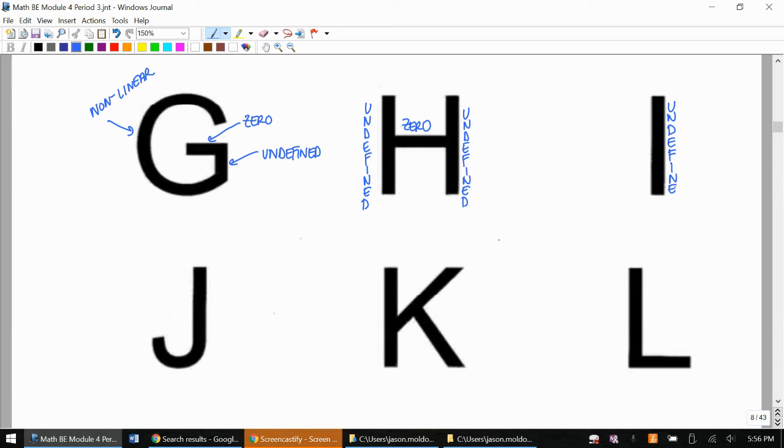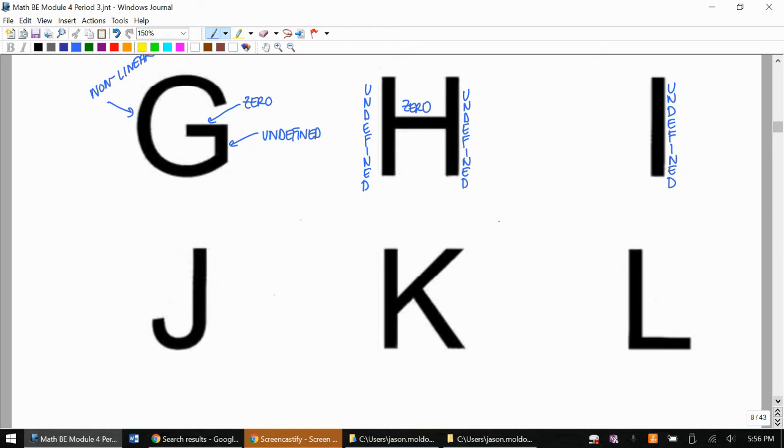Unfortunately, there is not an abbreviation for undefined, so we just have to spell it out. J has a curved part, which is nonlinear, and a vertical undefined part.